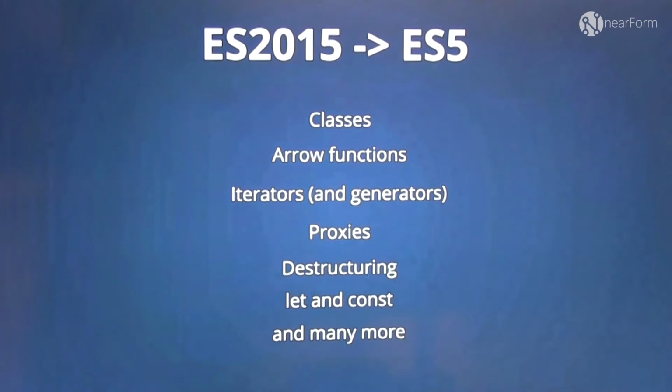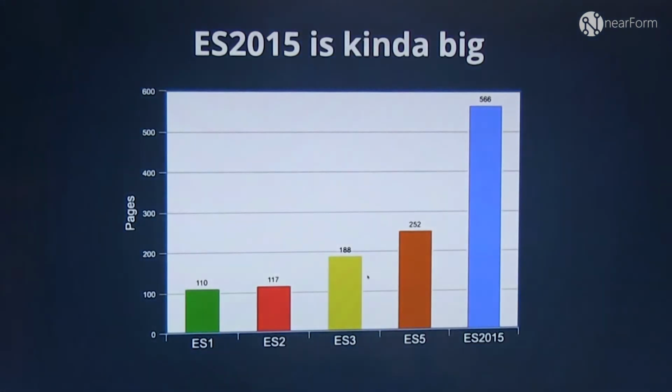So for you to have an idea of the size of this transition, I have here a graph that shows you the difference in the amount of pages of each version of the specification. You can see that in the first two, you don't have a significant change. From the second to the third, you have a small increment.